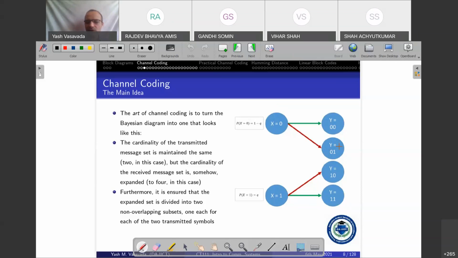Means the bits received at the receiver end, there is no collision between them. If a receiver is receiving 0, 0 or 0, 1, it can decide that x is equal to 0 was transmitted, because 0, 0 and 0, 1 are not transmitted by x equal to 1. Correct.